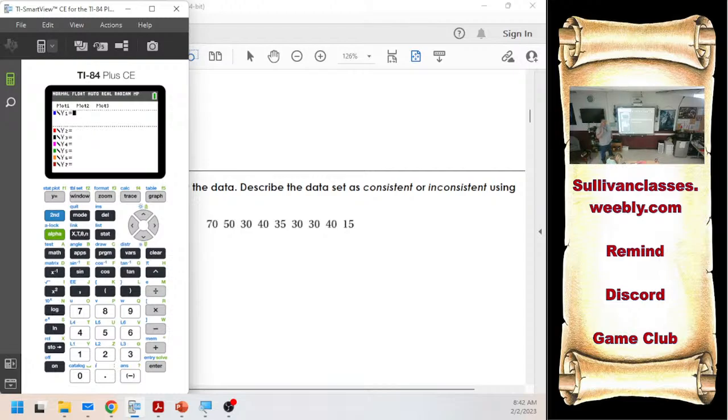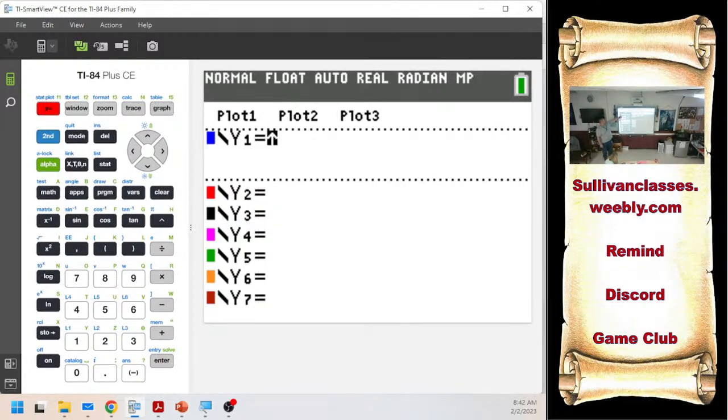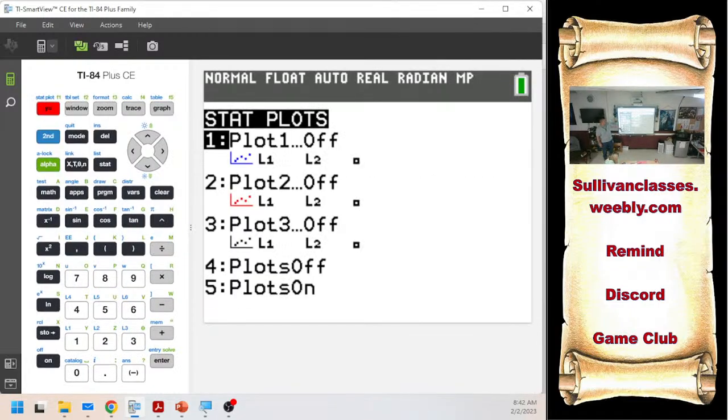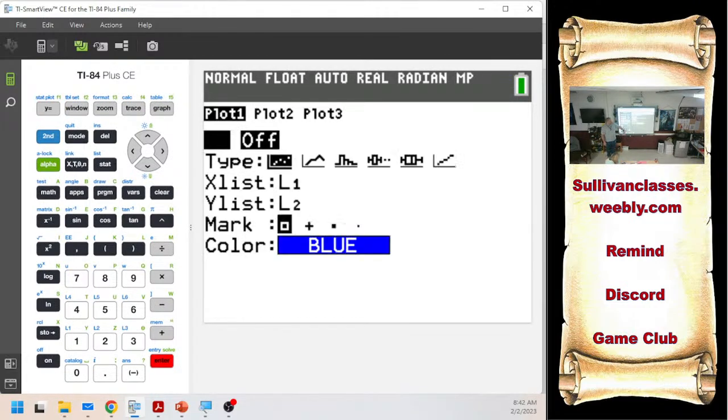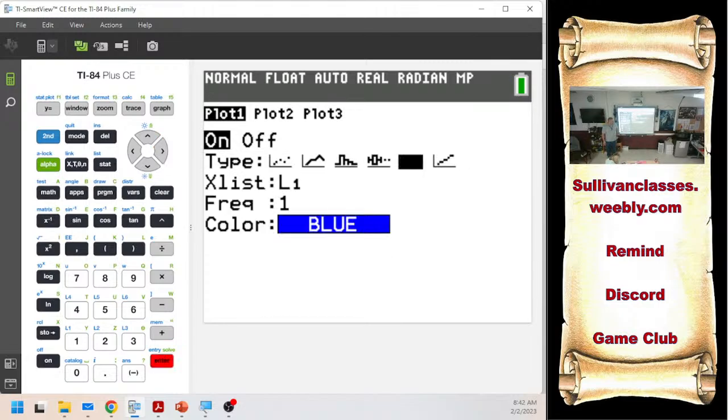I'm going to graph it. How do I graph specifically this if it's not in Y1? Right above Y equals is my stat plot. I can turn plot 1 on. We're going to do it this way because I'm a big kid now.